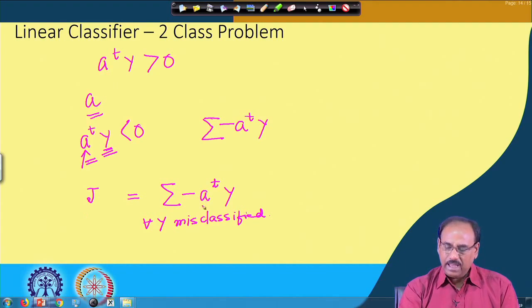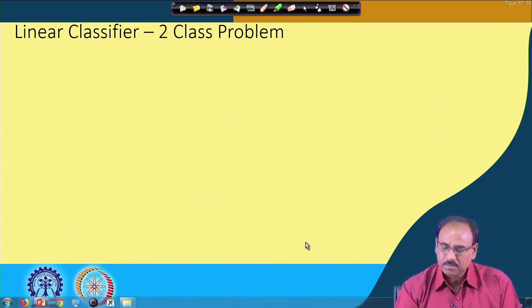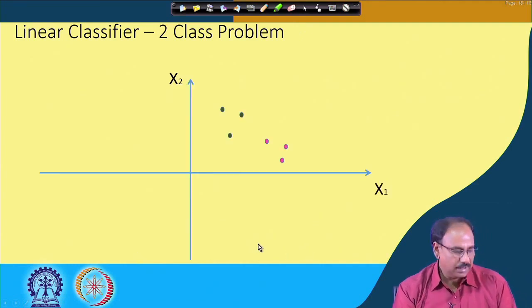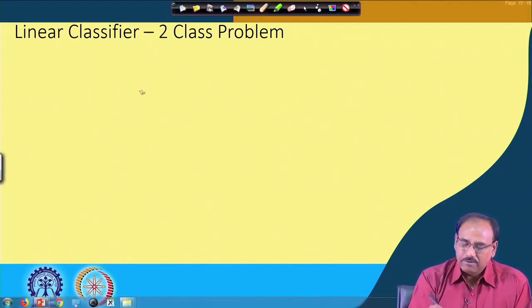So, while designing this A, or the linear boundary between two different classes, our approach should be to try to reduce this error term j. And the approach that can be taken is something like this. I put an initial A equal to 0.